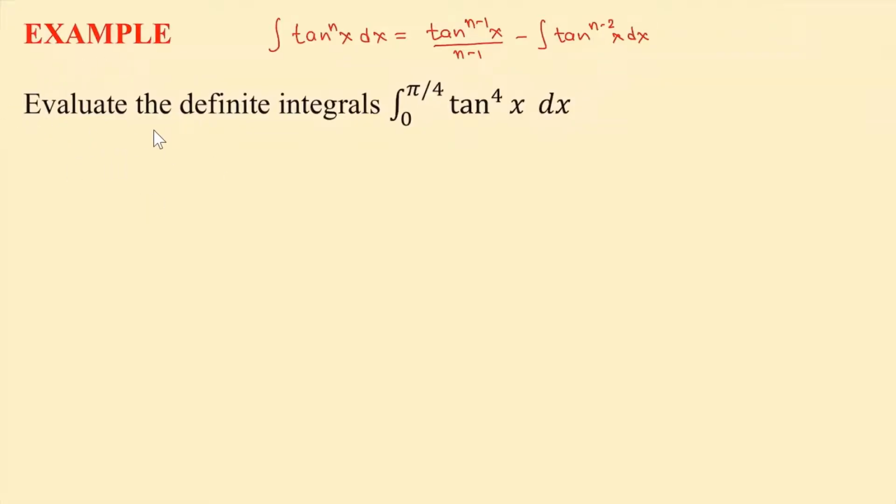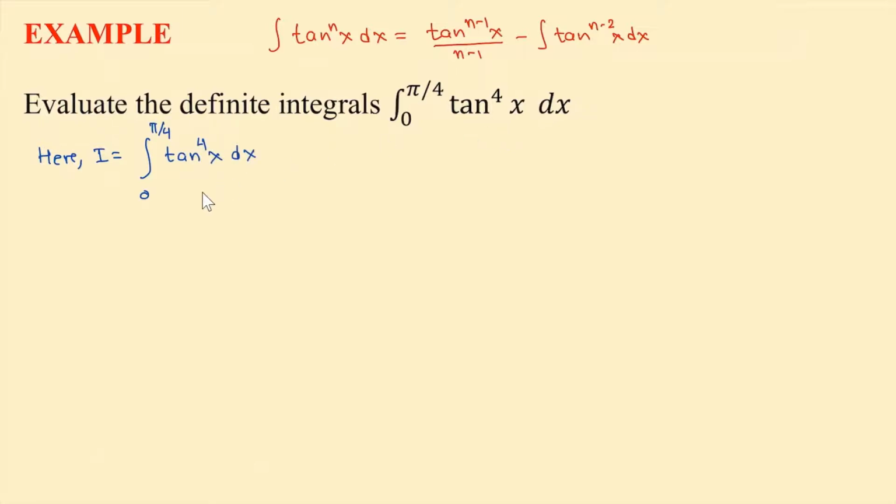Example, evaluate the definite integral from 0 up to pi over 4 of tangent raised to 4x dx. So here, our integral is the integration from 0 up to pi over 4 of tangent raised to 4x dx.